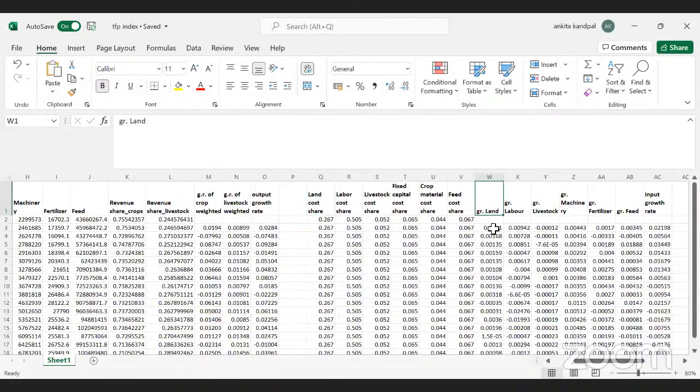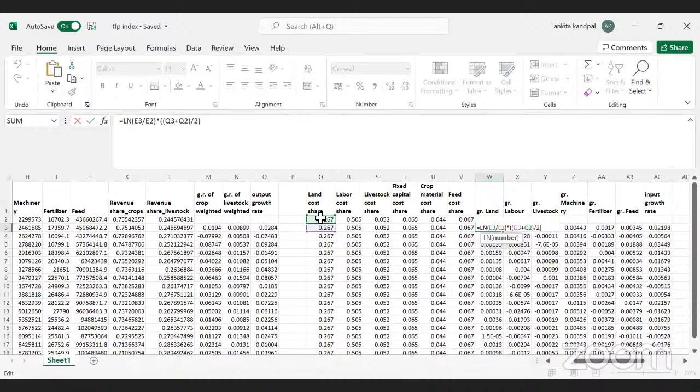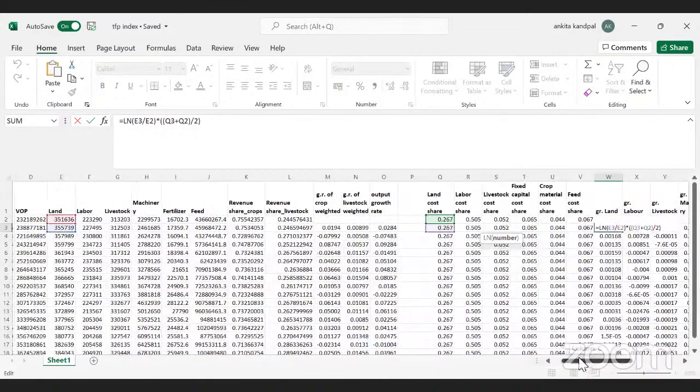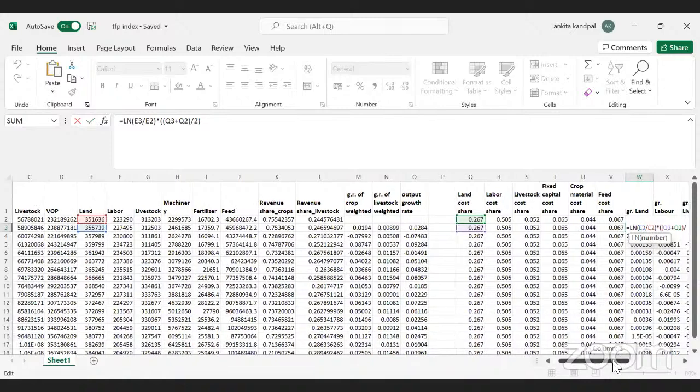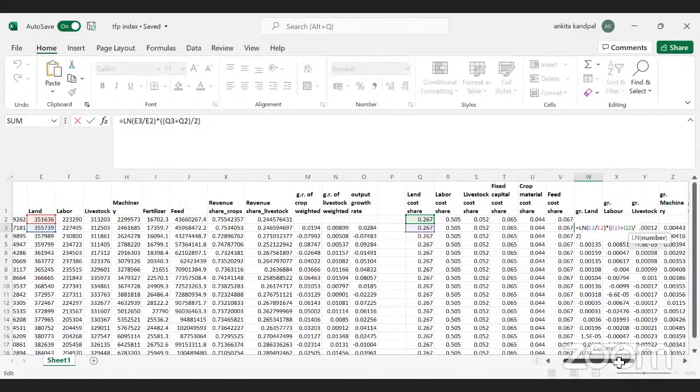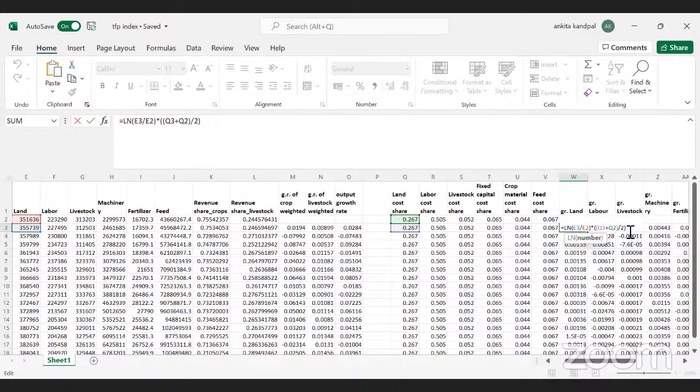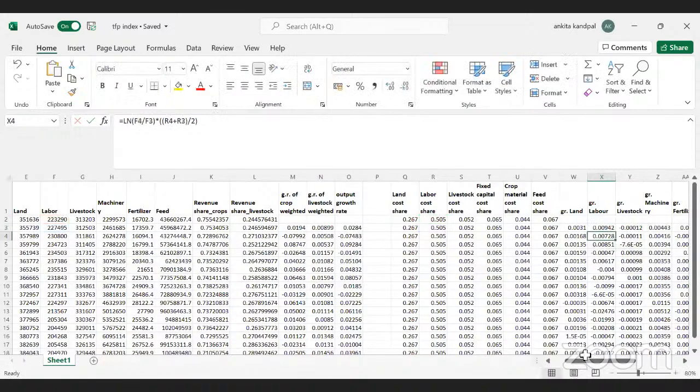Like the growth rate of land is the log of the change in quantity of these 2 years multiplied by the average of the share of 2 years. The same is done in case of each input.